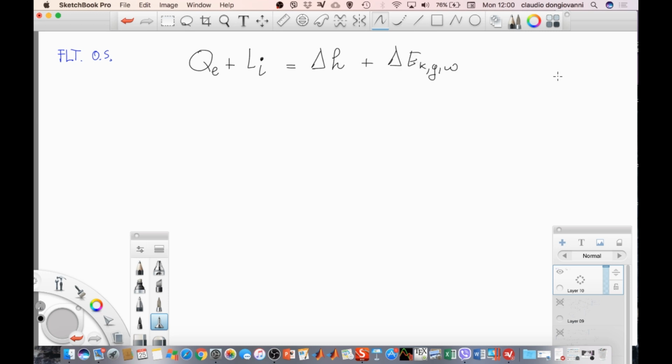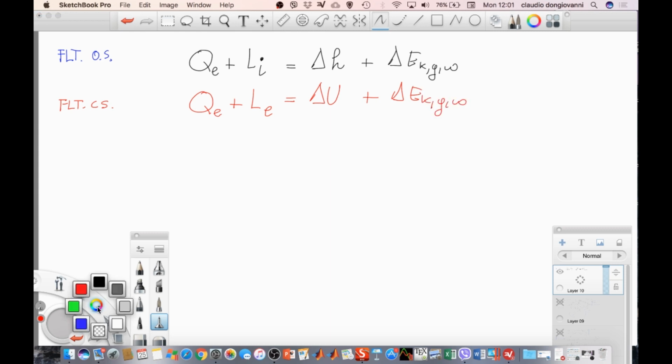Do you remember the previous one? First law of thermodynamics for closed system. It was QE plus LE equal to delta U plus delta EK plus delta E gravitational. They are very similar. The only difference is this one and this one.